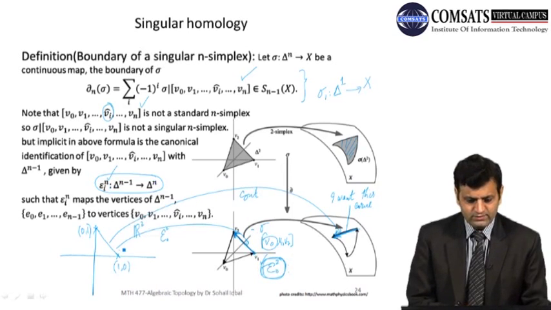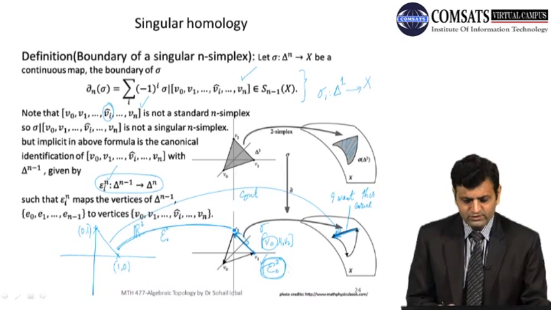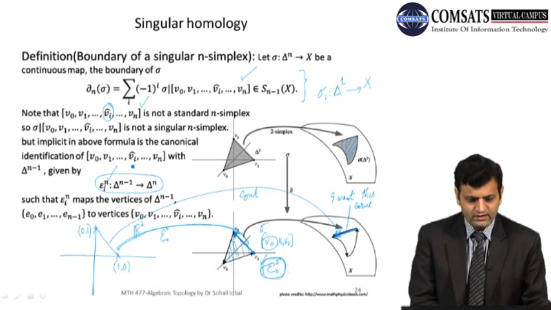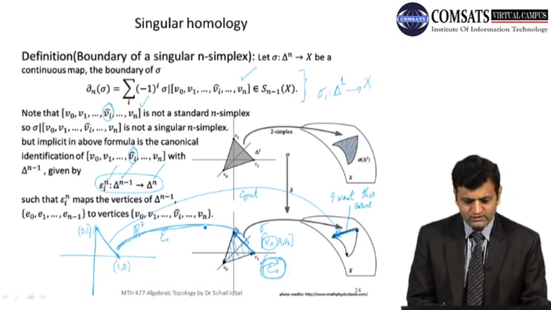In this case this epsilon 0 2 is taking the elements to this 2 simplex, and this 0 means we are deleting the 0th face. So in this case we are deleting the ith vertex, so it is basically epsilon n i. It's taking this standard n minus 1 simplex to this n simplex, just like as we have done in this case, taking this standard 1 simplex to this 1 simplex inside this standard 2 simplex.